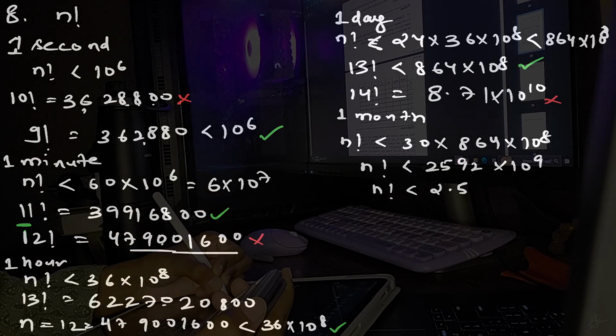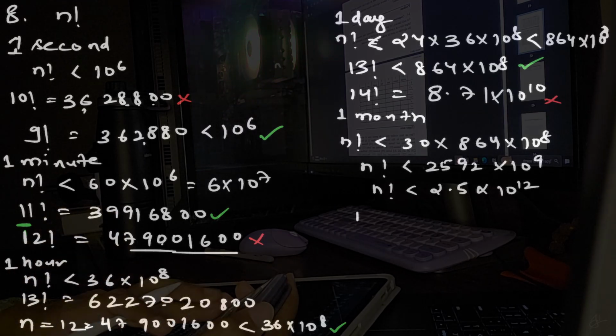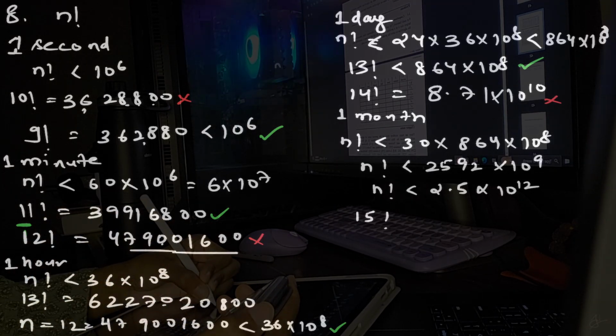Yeah, 14 factorial obviously does not suffice. So 14 factorial is less than that, but what if 15 factorial?